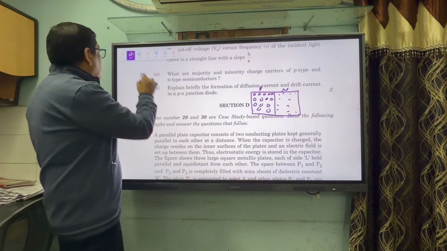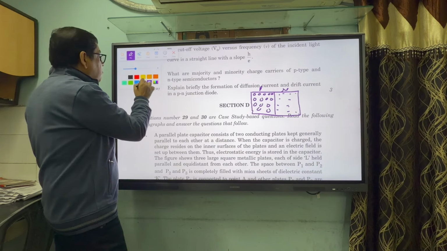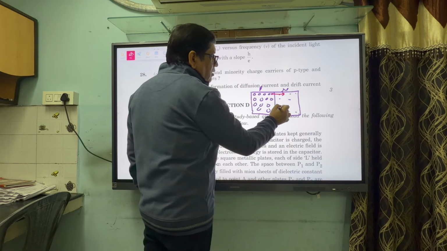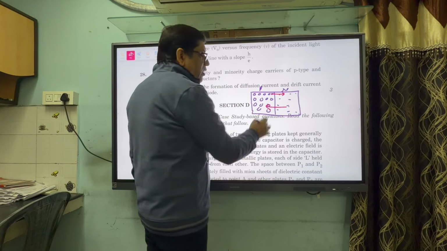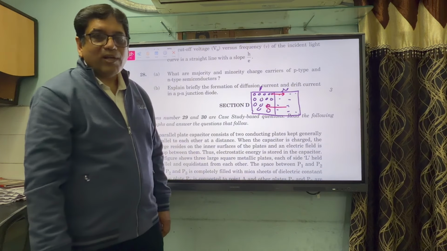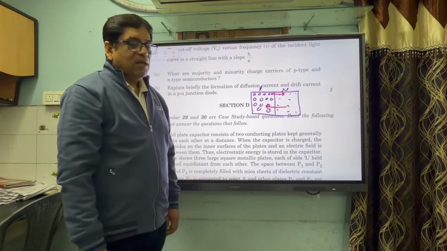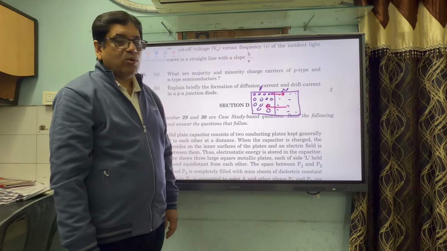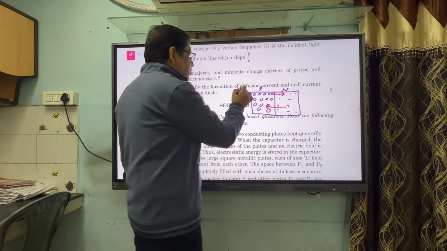Initially, every particle will try to move from higher concentration to lower. Holes will try to move from higher concentration to lower. Electrons will try to move here. So initially, spontaneously, the holes will move from P to N and electrons will move from N to P, higher concentration to lower concentration. This is diffusion.